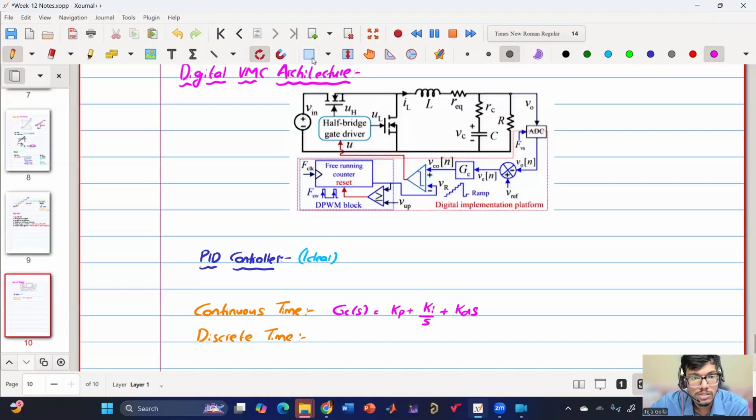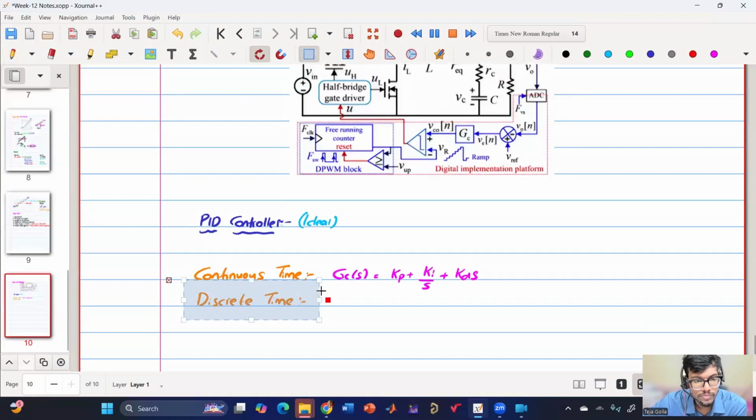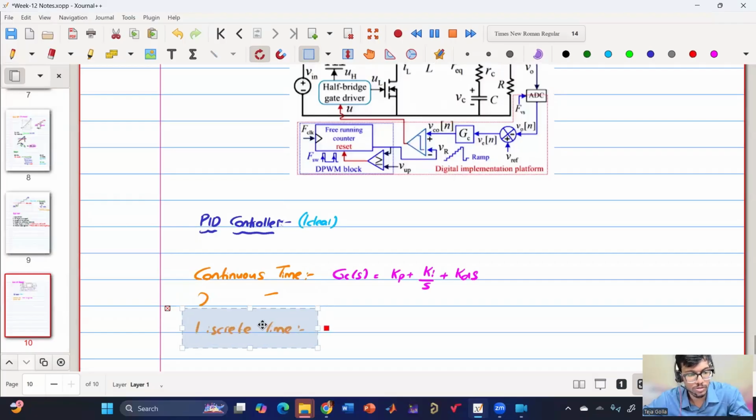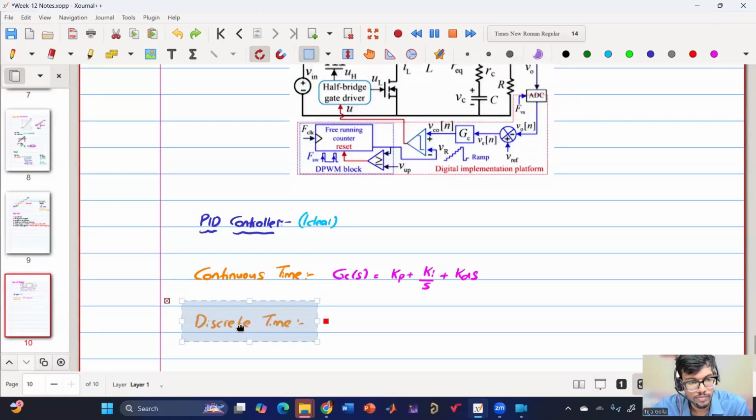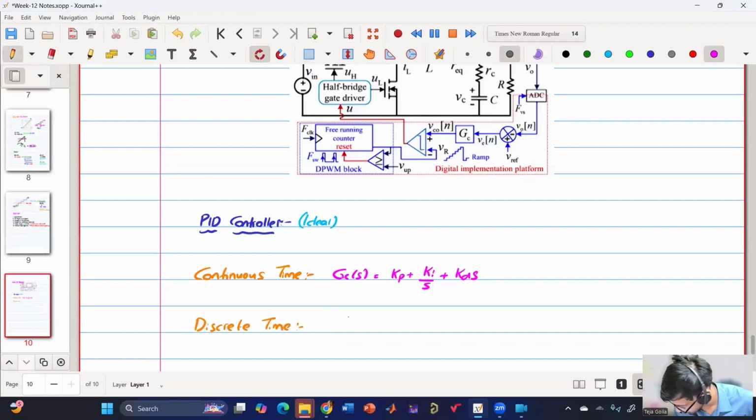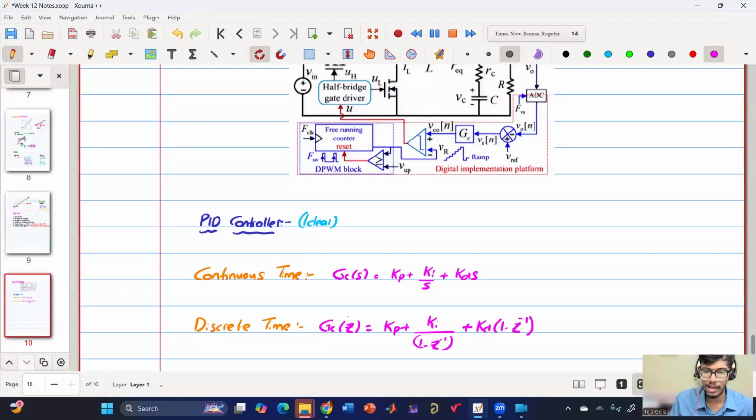So now if I break this down, we have Gc of Z in the digital domain. Kp remains Kp. 1 by S will be 1 minus Z inverse, and Kd S will be Kd into 1 minus Z inverse. Let's not go into the details of how it is coming. I'm just telling, just for knowledge purposes, that this is how the difference will happen.